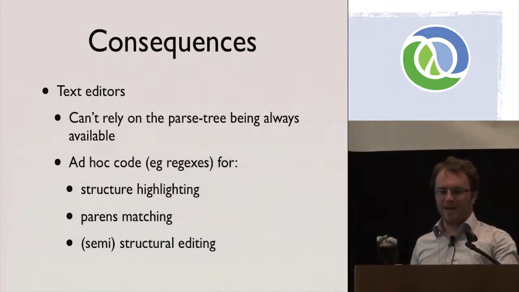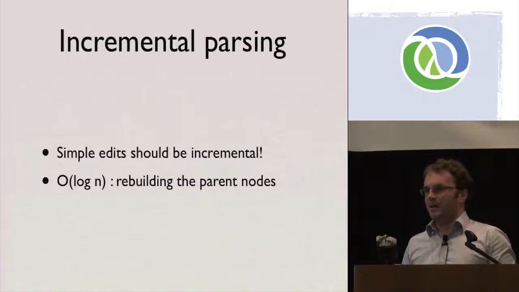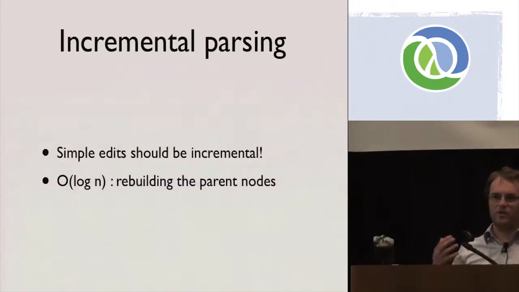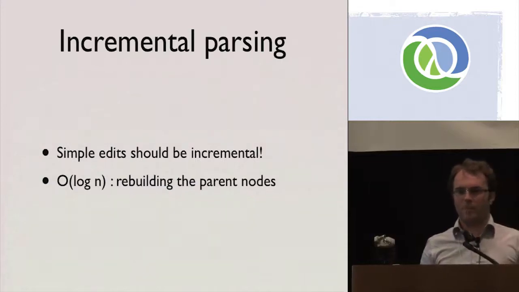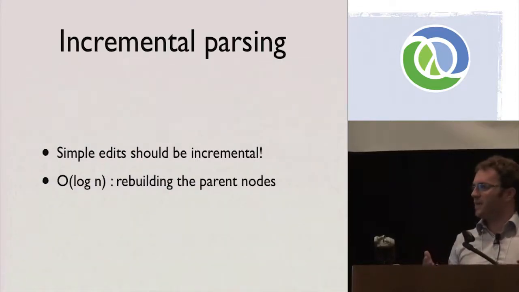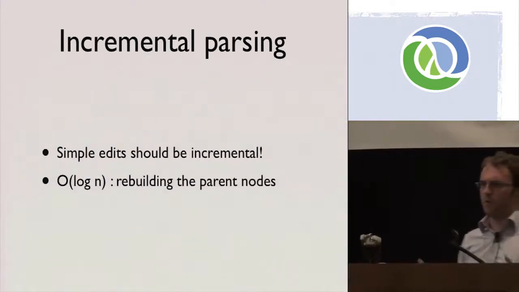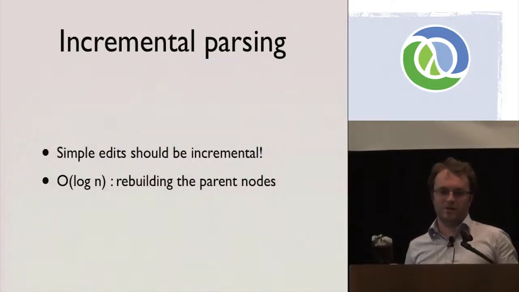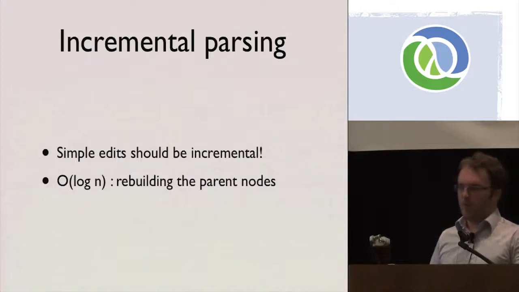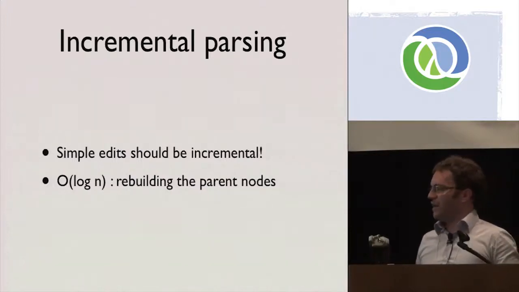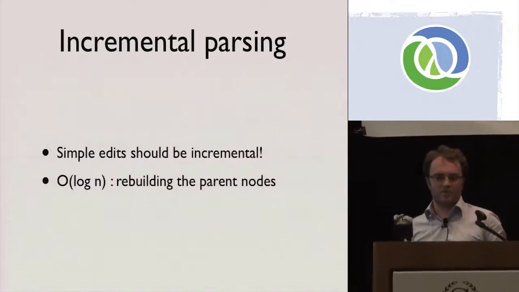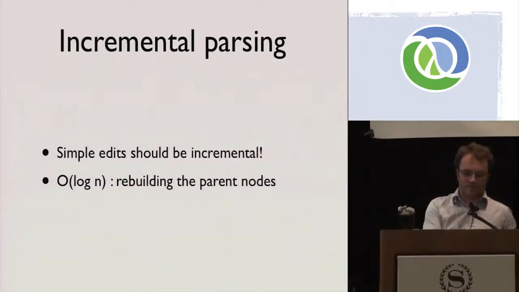And I had the intuition that there was certainly a way to take a standard parser and make it recompute the parse tree in sublinear time. In the best case, I thought that we should be able to recompute the parse tree in logarithmic time.